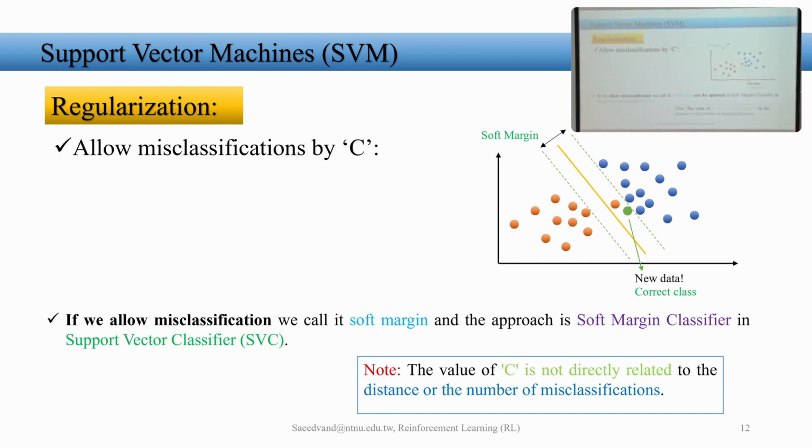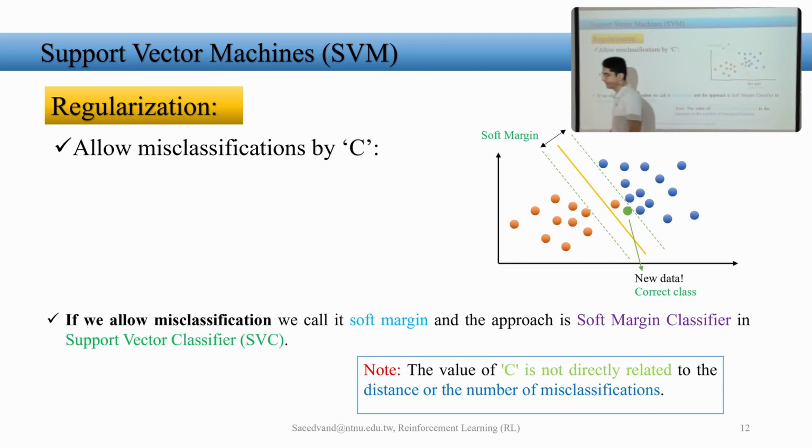You may think that if I put C equal to 5, then it means that 5 of these data points can be misclassified, but not really. C does not exactly determine how many misclassifications I want to allow. C is a metric that works in the equation in order to allow some amount of misclassification, and we will see how we can then find the proper value for C.